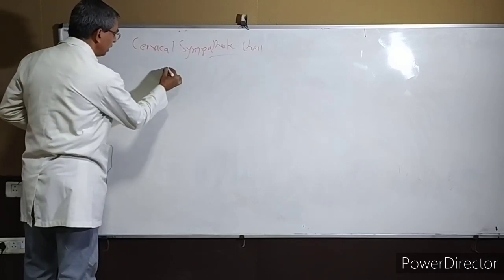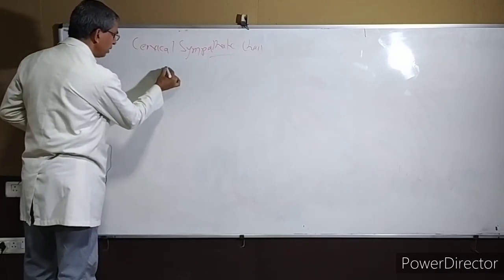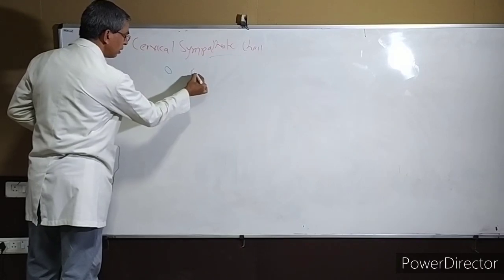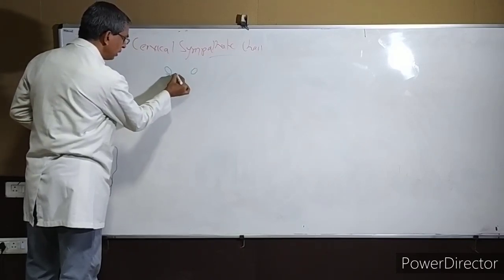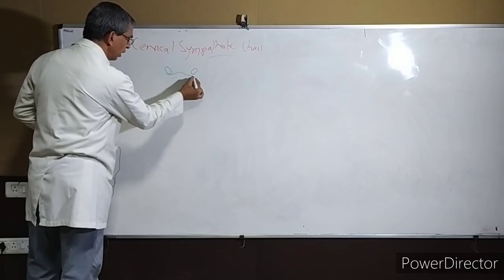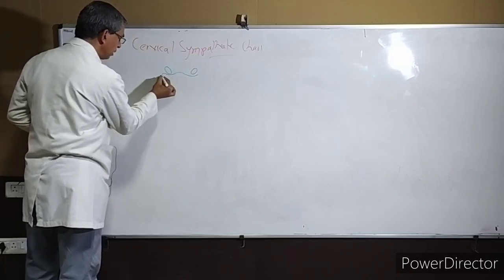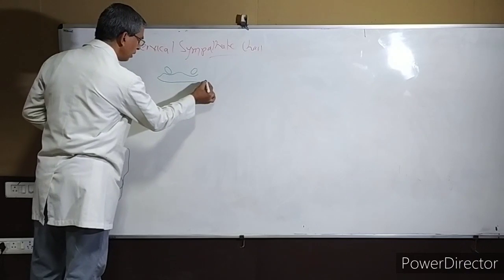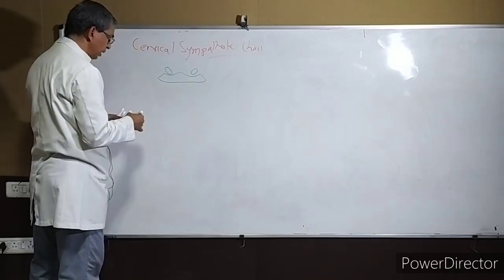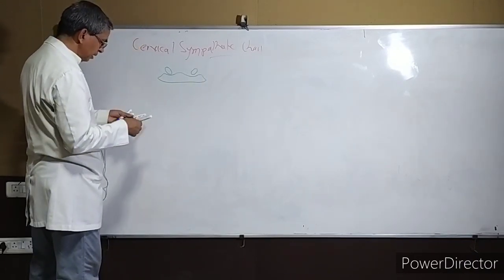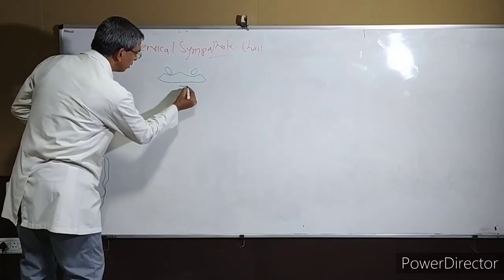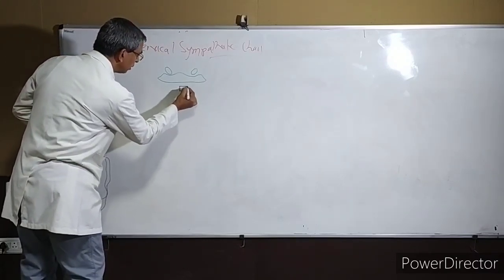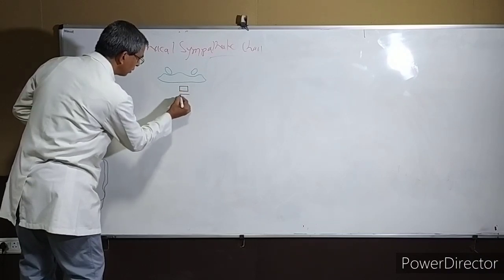Suppose these are the occipital condyles, and this is the first vertebra. And these are the other vertebrae here, the cervical vertebrae.